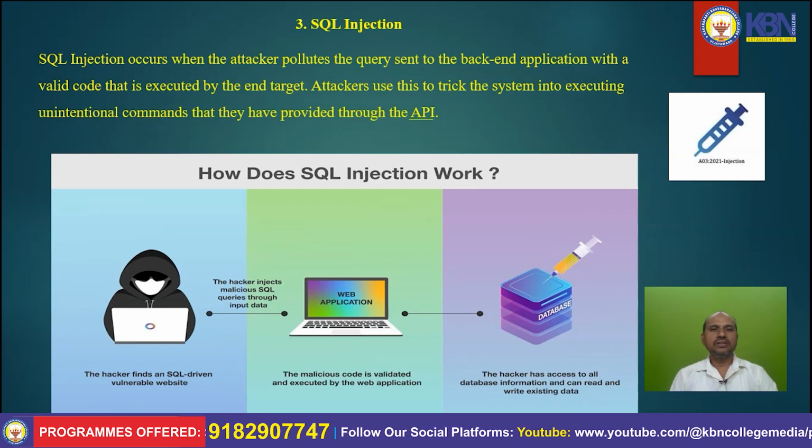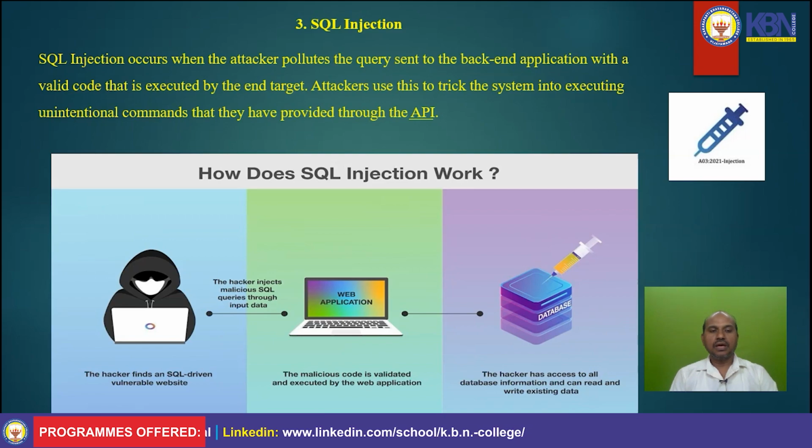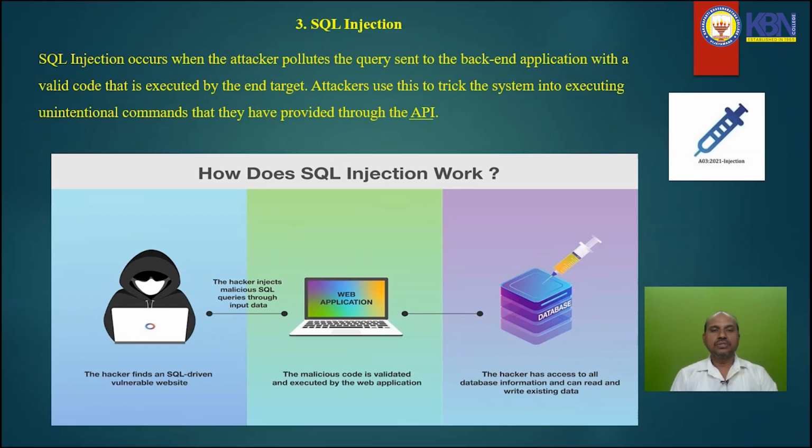SQL injection means the hacker injects a program into the web application. At the time the user clicks on that program, immediately that program runs within the application. Then obviously the hacker controls the user. So this is one of the drawbacks of SQL injections.